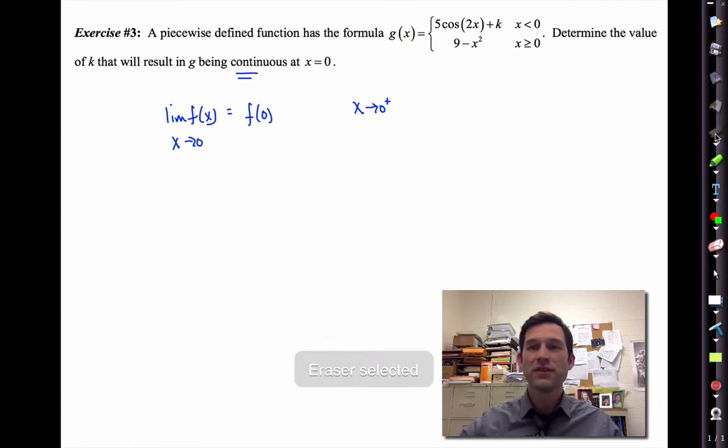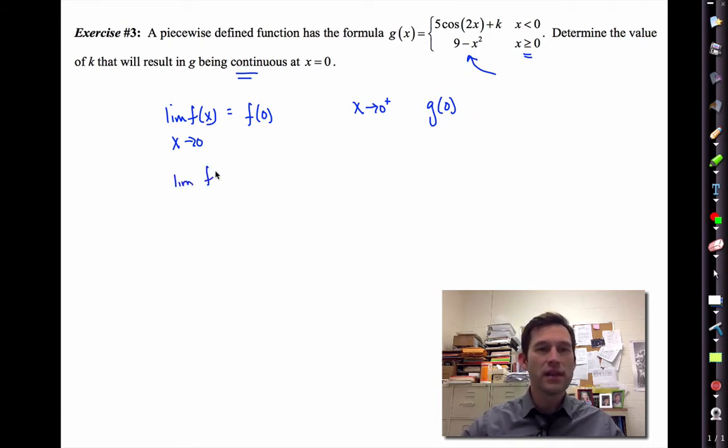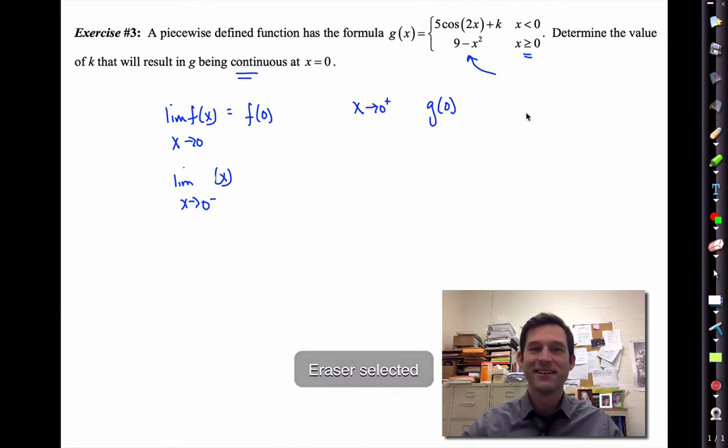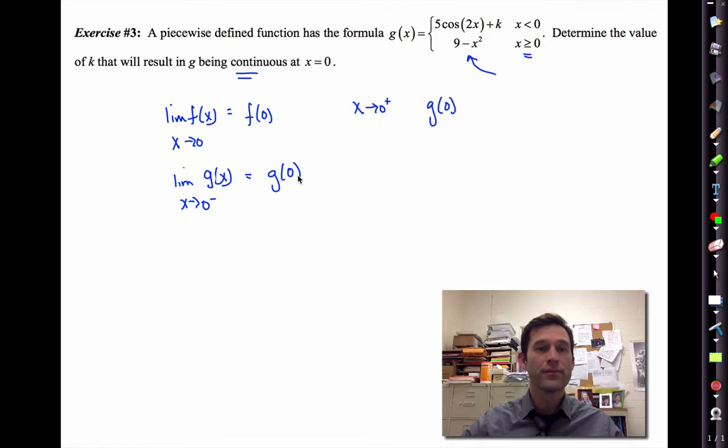We should get the same thing as g of 0 because the equality is included in the right-hand limit. So really what we just have to make sure of is the limit of g of x as x goes to 0 from the left. Sorry, I keep using f where it's actually g. That limit has got to be g of 0, all right?